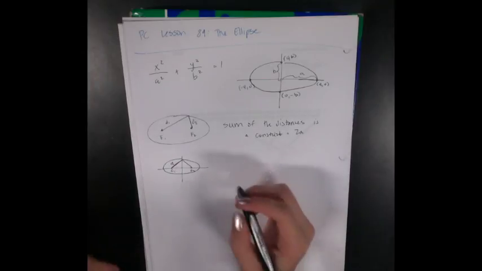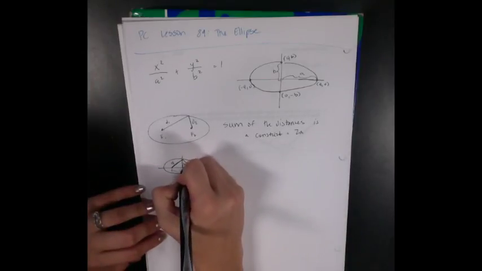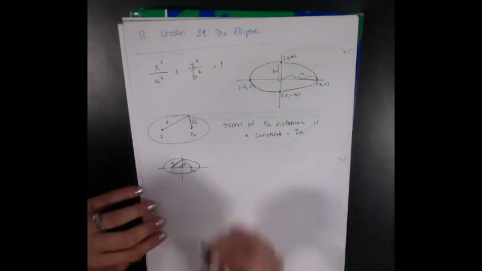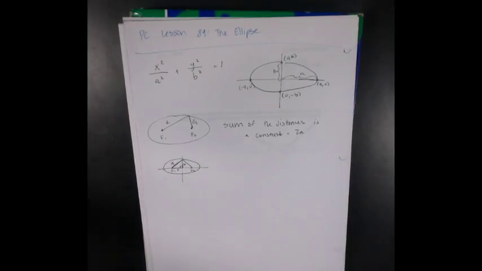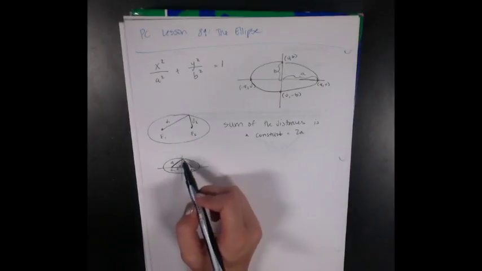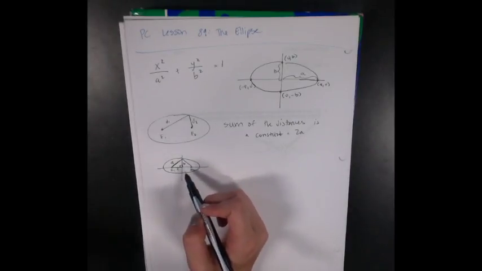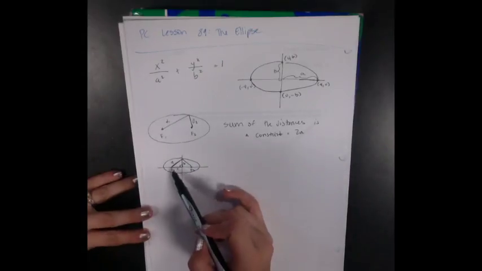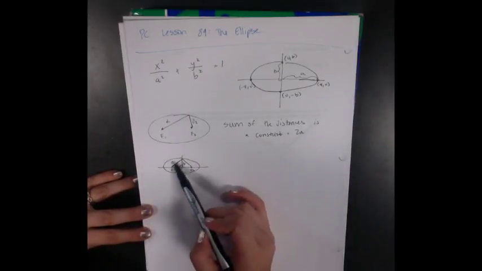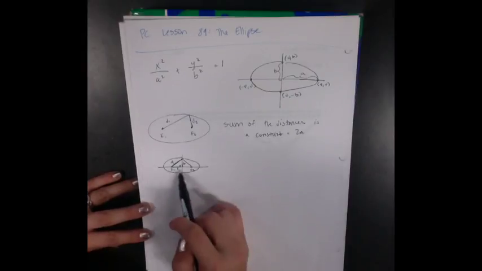This distance of this right triangle I have here is b. And look at us, we have c. I have a right triangle, which I can use the Pythagorean theorem, c squared plus b squared is a squared, to solve right here, my foci.